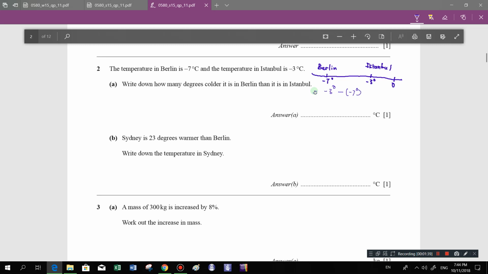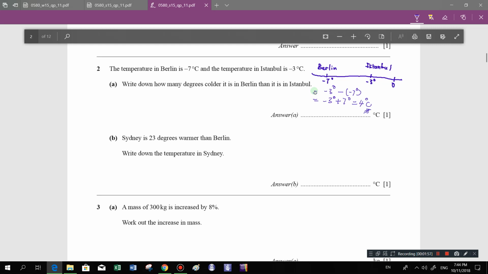Okay, now minus 3 plus 7. That will give you 4 degrees C. That will be the answer.